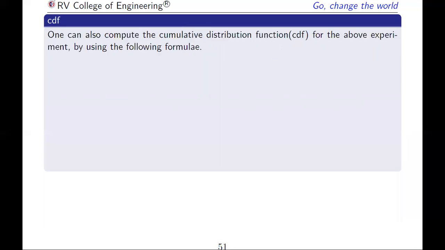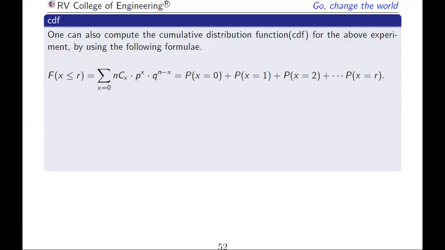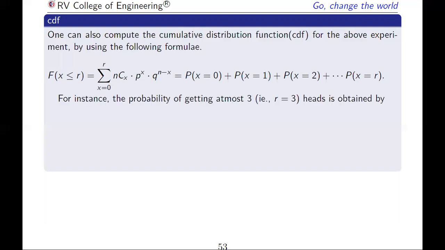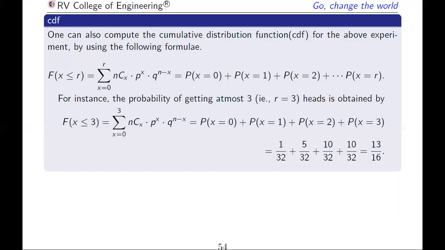The cumulative distribution for a binomial distribution can be calculated using the formula. For instance, the probability of getting at most 3 heads in the above example is obtained by the following formula, which is the same as the probability of getting 0 heads plus the probability of getting 1 head, the probability of getting 2 heads, and the probability of getting 3 heads.